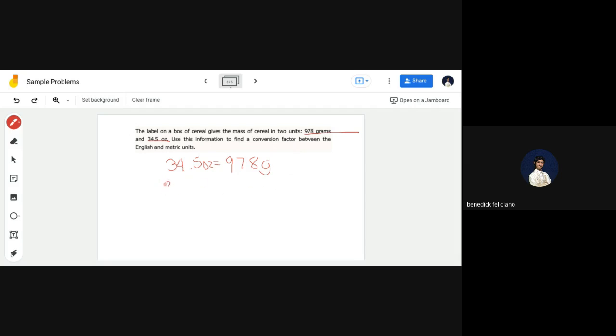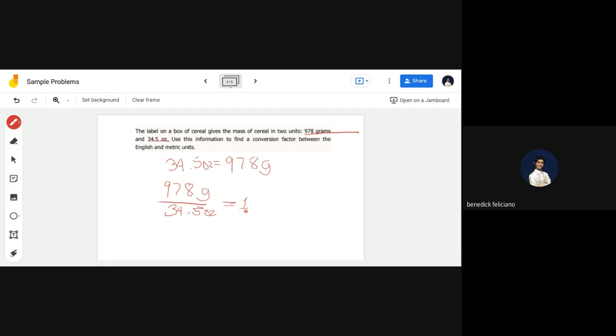So 978 grams over 34.5 ounces is equal to what?